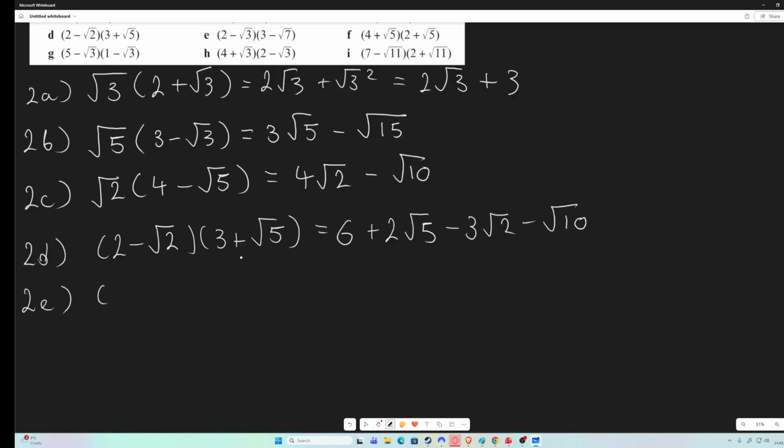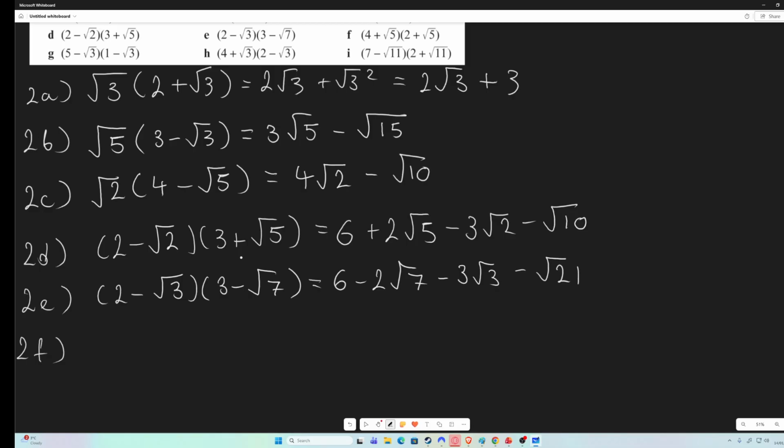We have 2 minus root 3 times 3 minus root 7, so that is 6 minus 2 root 7 minus 3 root 3 plus root 21.